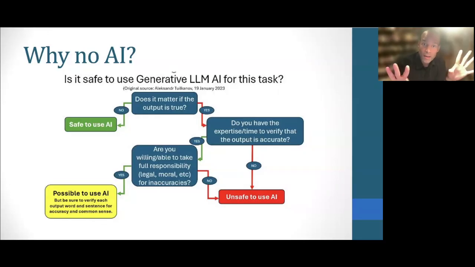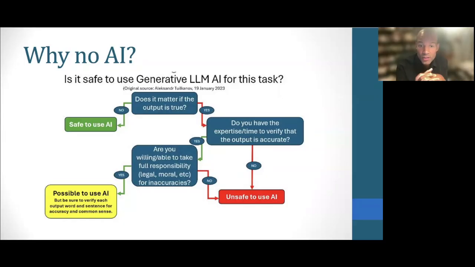We have enough of that in our contemporary society, and we don't want to add to it. So does it matter if the output is true? For this class, the answer is yes. We want to be telling people information that is true. If the answer were no, then it would be fine to use AI because it wouldn't matter. But here it does matter. We have to be telling the people true stuff. So the answer is yes.